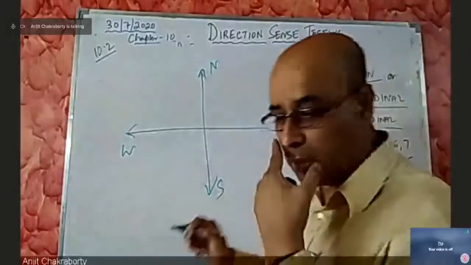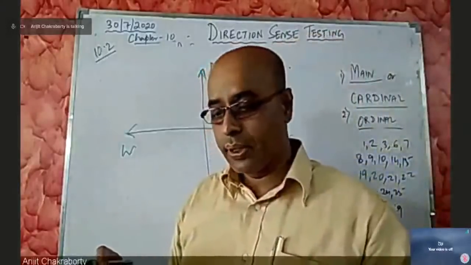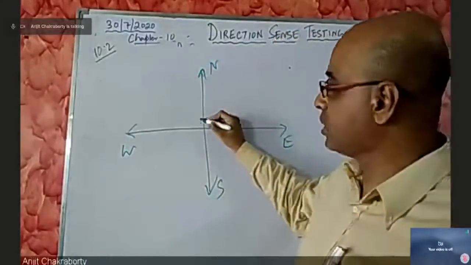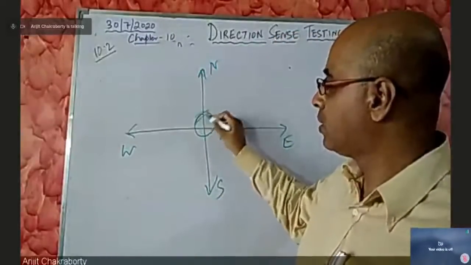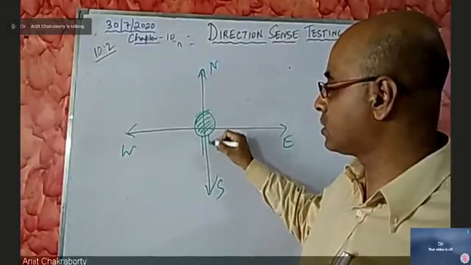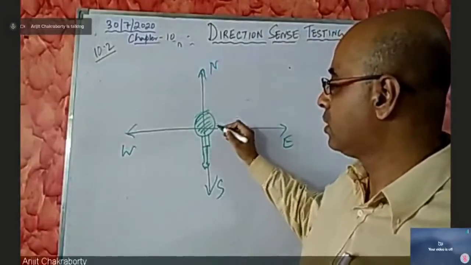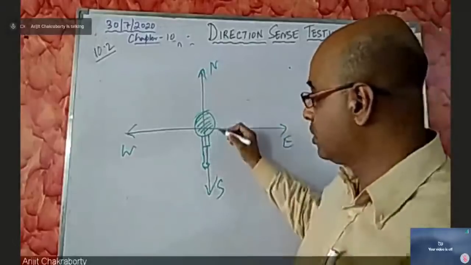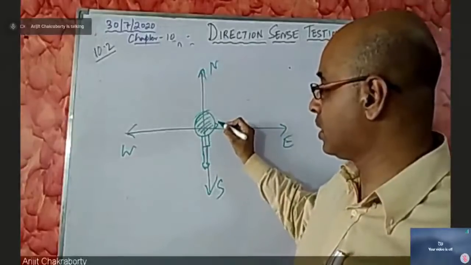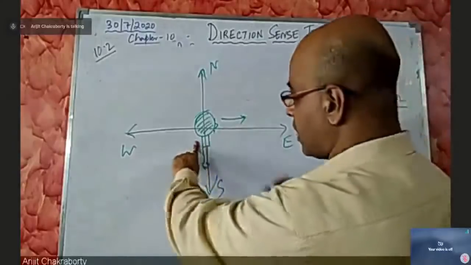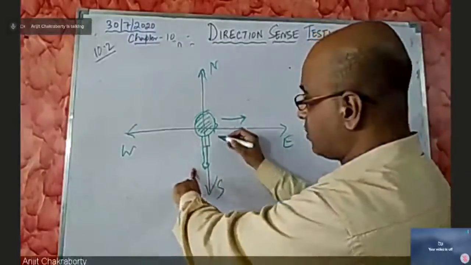So the person is standing here, okay, and his right hand is here. His right hand is towards south. Definitely his nose is here, his eye is here, he is pointing towards this direction. Only then his right hand is here. Right hand is towards the south.